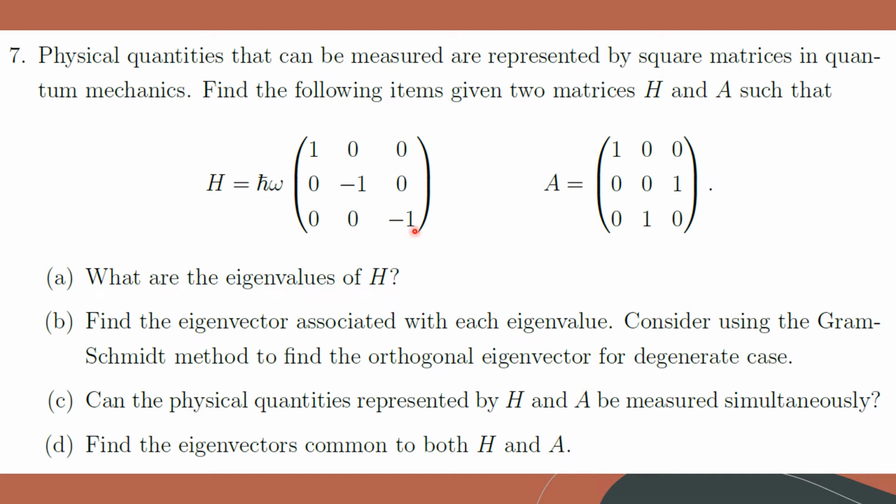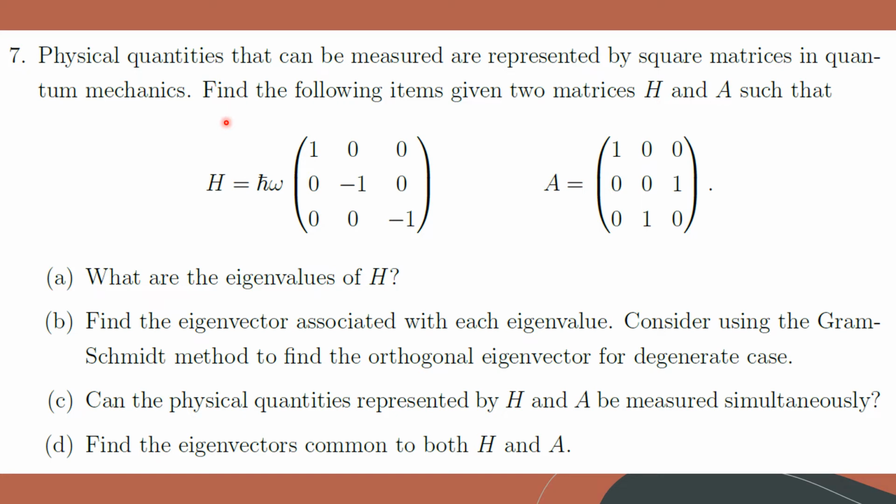It means that if you take H multiplied by A, this will give you the same answer as if you take A multiplied by H. So HA is equal to AH. In quantum mechanics, this is very important because this represents the sequence of measurement.